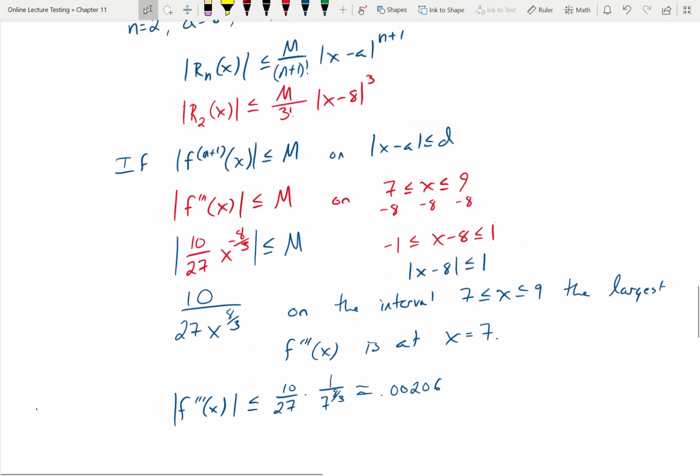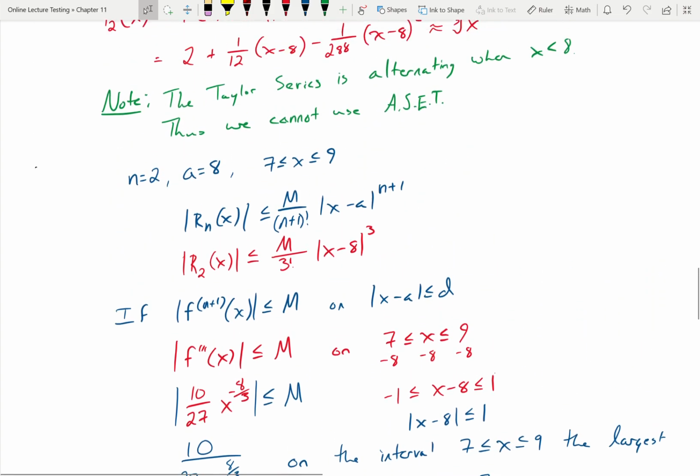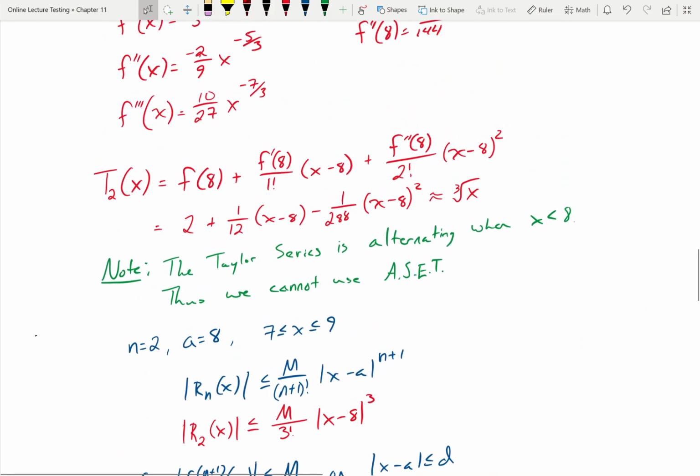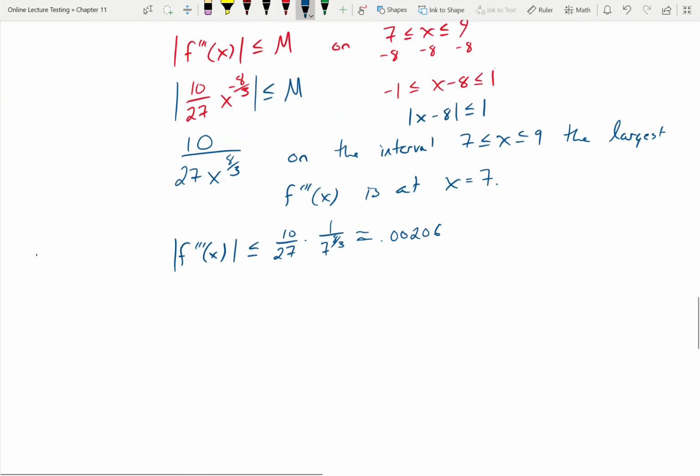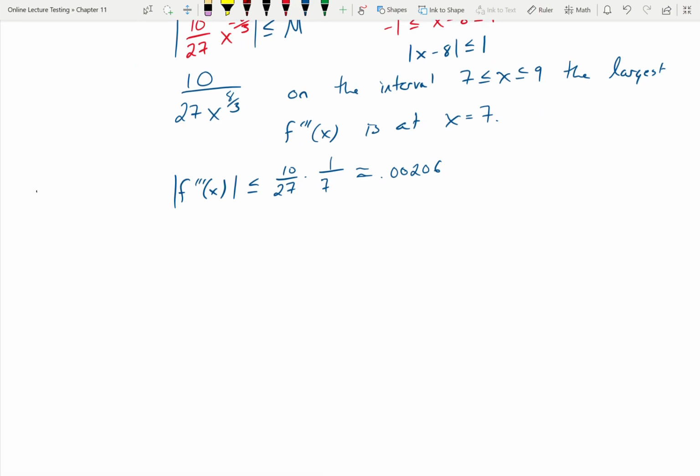My apologies. This is supposed to be 8 here. So again, make sure that's to the negative 8/3 power for the third derivative. All right. So now your calculations should be true.